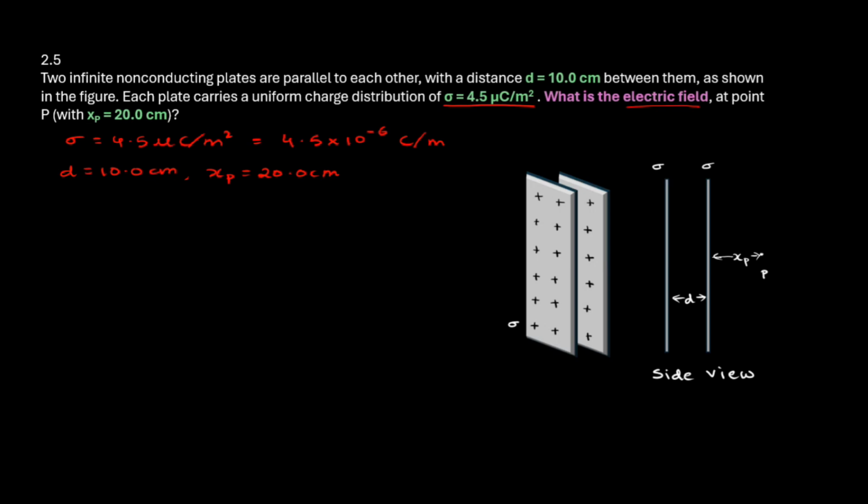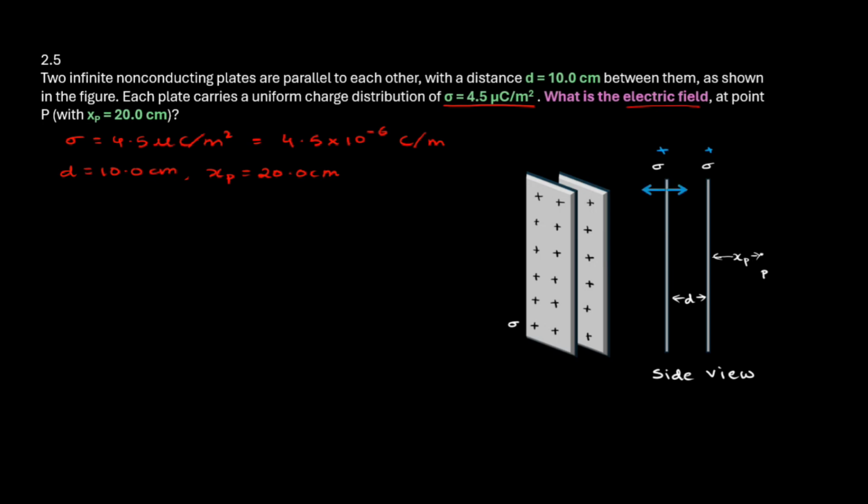Now, before we find the magnitude of the electric field at point P, we first need to show the direction of the electric field at P because of the two plates. Both plates have positive charge density sigma, so the electric field because of both plates will be coming out of the plate.